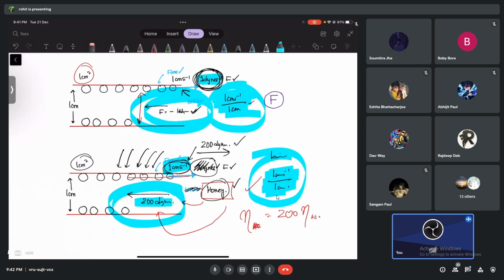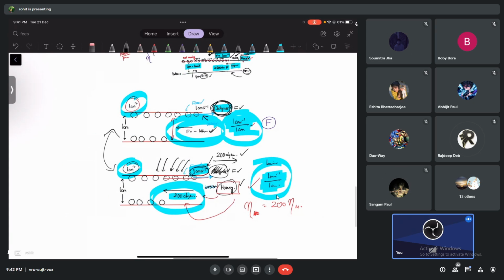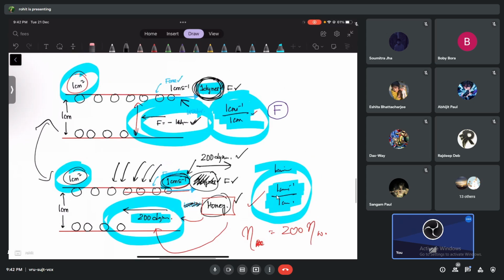For any two liquid layers which have how much area? Unit area. Under the same conditions, we are comparing these two liquids, and we can nicely realize which liquid we have to apply more force to.